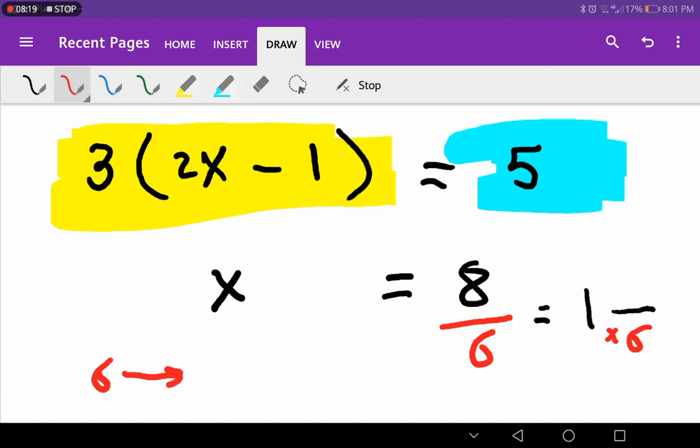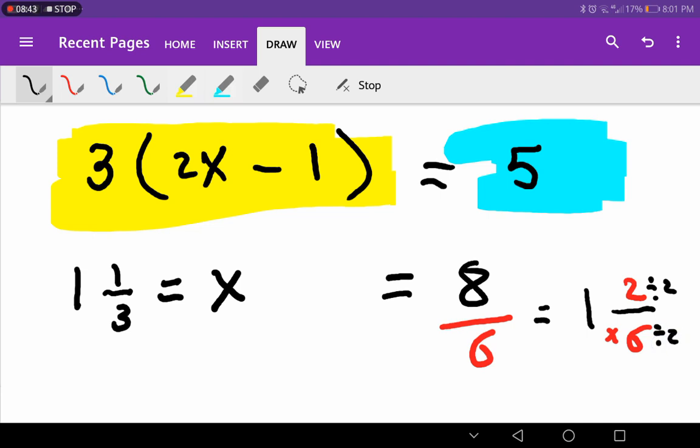So from 6 to 8, I need 2 steps. So it is 1 and 2 over 6, and 2 over 6 I can write as 1 over 3 by dividing up and down by 2. So the answer is x equals 1 and 1 over 3. So 1 whole and 1 over 3.